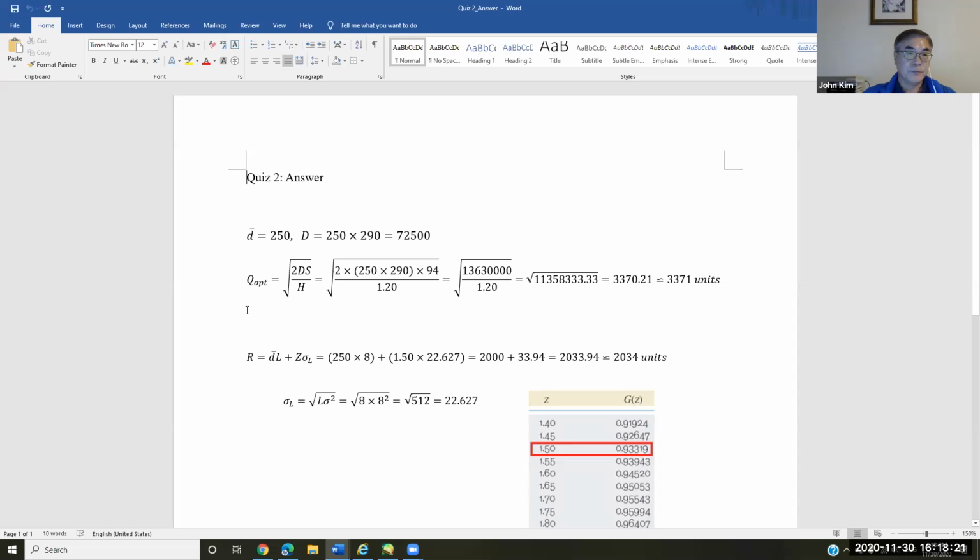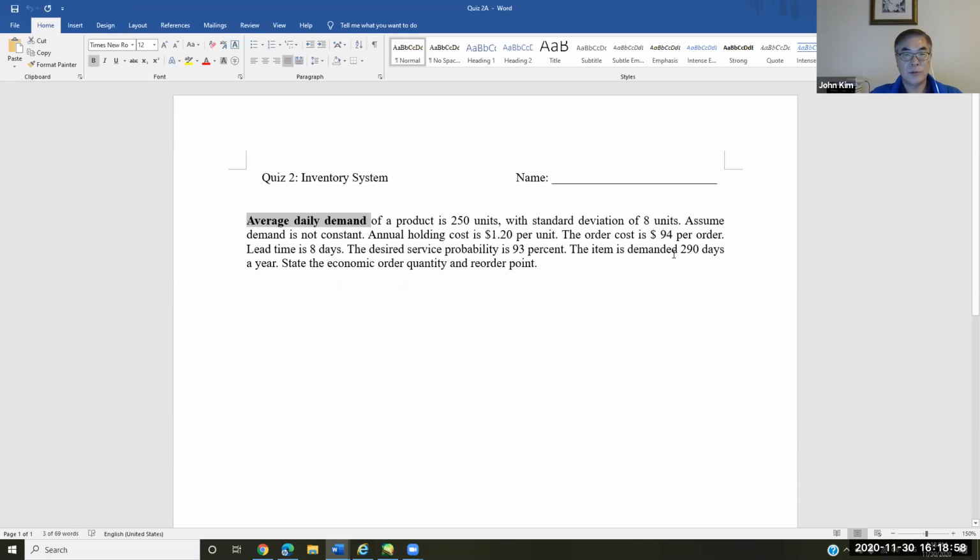Okay, first you need to get the order quantity, simple, square root of 2DS over H. This one is annual demand, but the given number is daily demand, so you need to convert daily demand to annual demand. Here times 290, because the question gave us how many days.